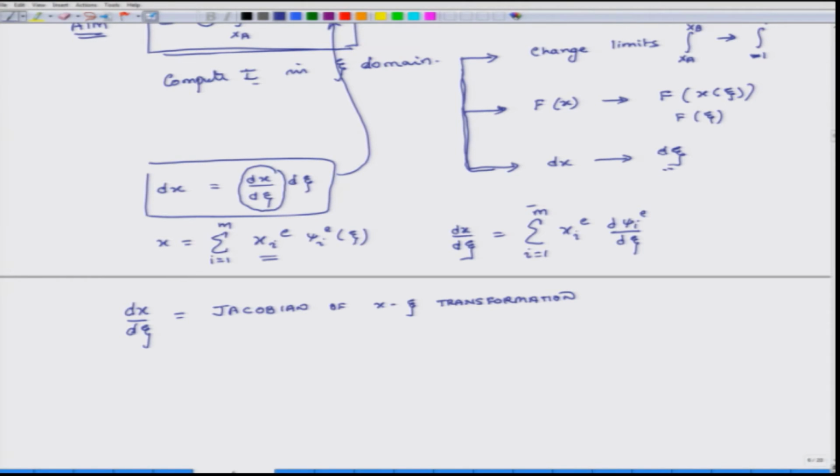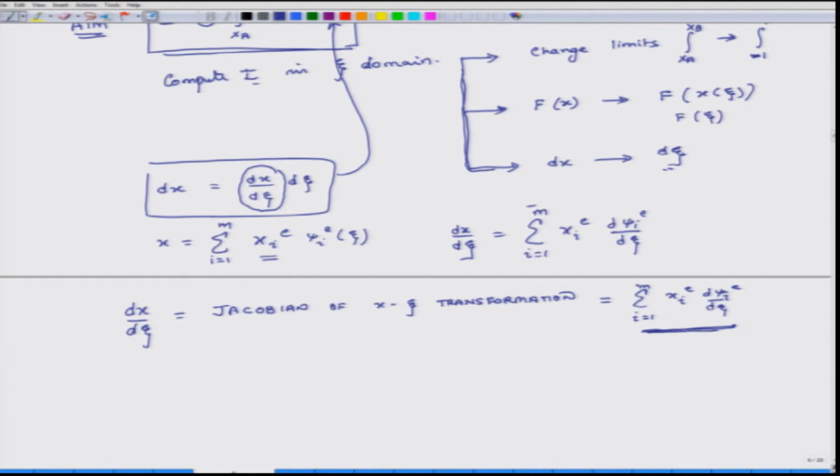It is called the Jacobian of x zeta transformation, and it can be calculated as this thing. So, this is how you can calculate it, okay.